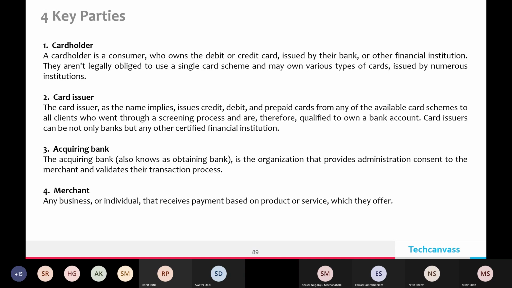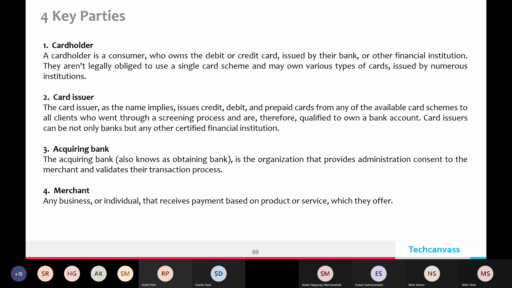Acquiring bank, okay. Card issuer is also called issuing bank, and acquiring bank is the bank that acquires the merchants. So effectively, maybe we'll talk about merchant first. Merchant is any business or individual that receives payment based on the product or service which they sold.